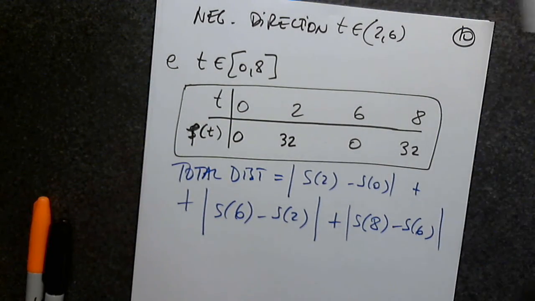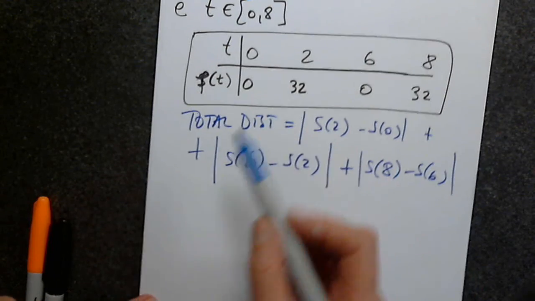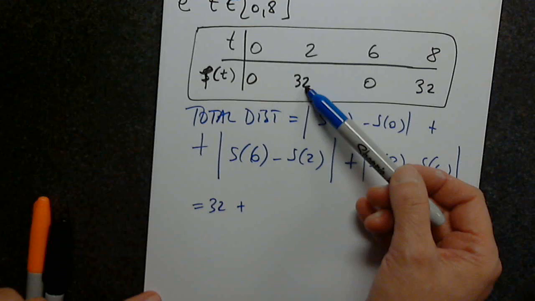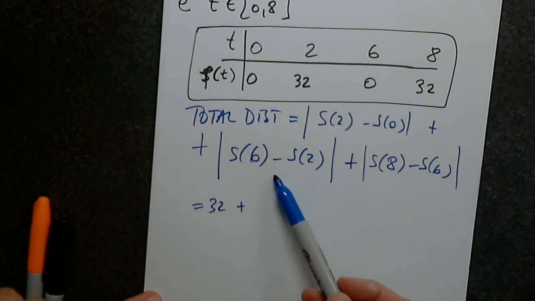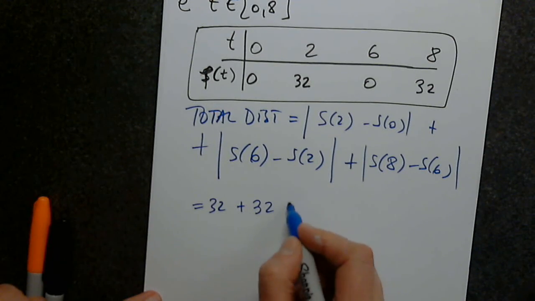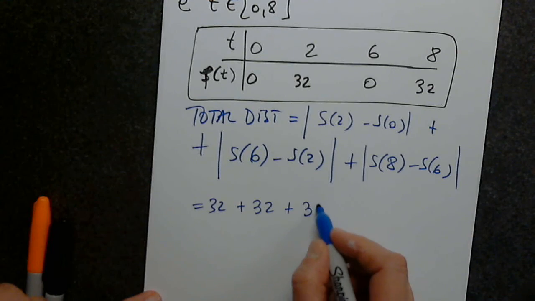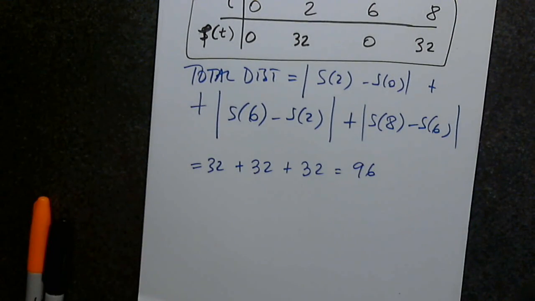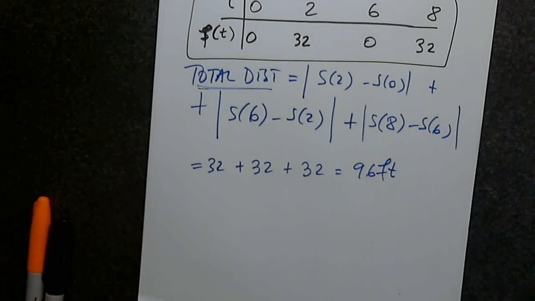Now I perform these calculations. 32 minus 0, the absolute value is 32, plus 0 minus 32, that's negative 32, but the absolute value is 32. And then 32 minus 0, the absolute value is 32. So this is 96. Measurement unit. Careful. Feet. That's it. Total distance, 96 feet.